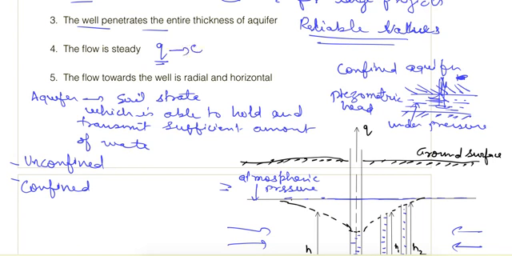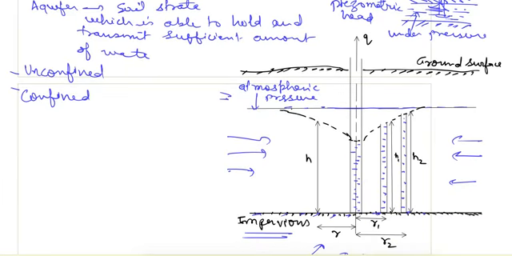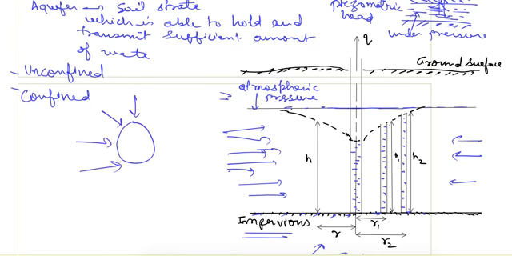We'll get a constant steady discharge, and flow towards the well is radial and horizontal. As I said, we are just assuming that the flow is coming in horizontal direction. Radial means that if it is the top view of the well, water is coming radially from all the directions.